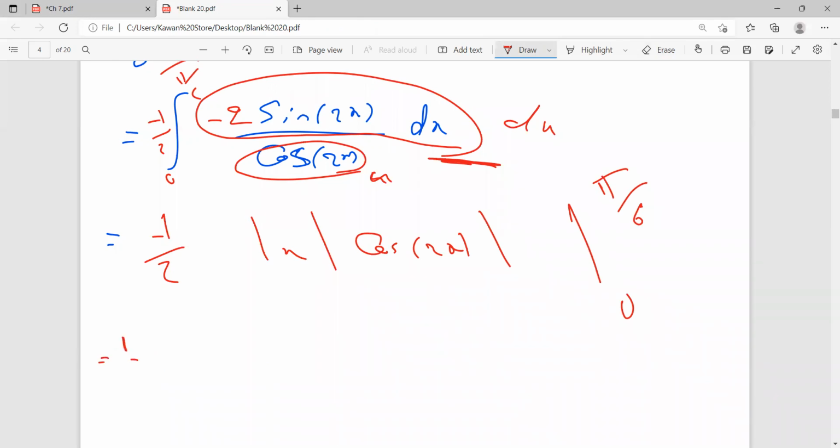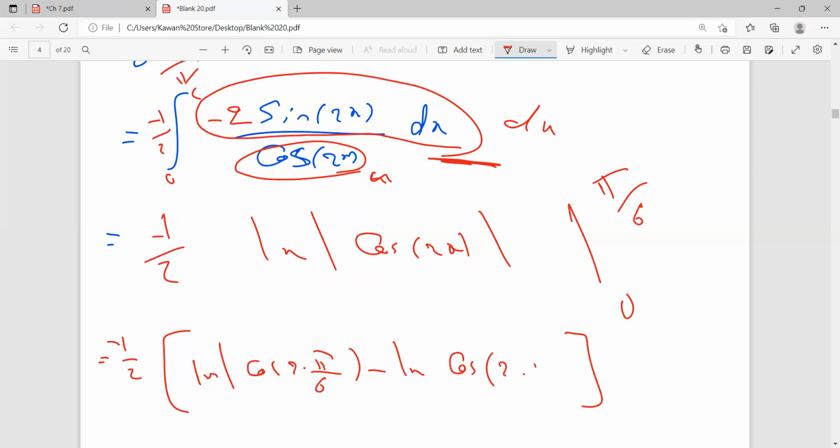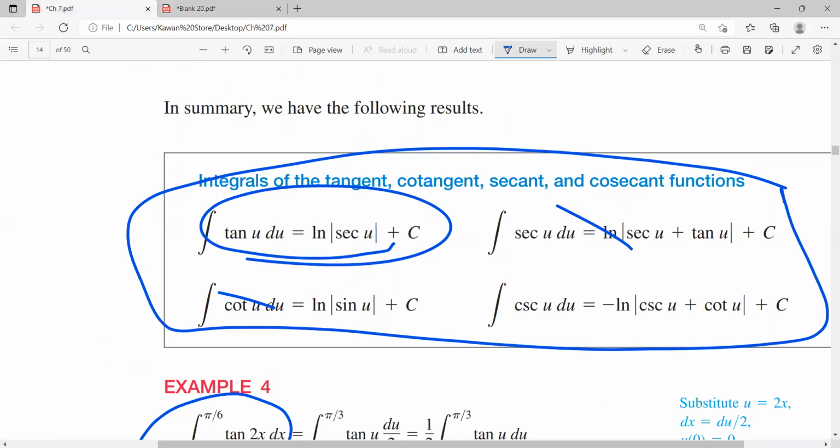So it is equal to minus 1 over 2 ln of cosine 2 pi over 6 minus ln of cosine 2 multiplied by 0, and you will get the result. I don't know. Use the table that I gave you before in the beginning, chapter 1. Then you will find the result.